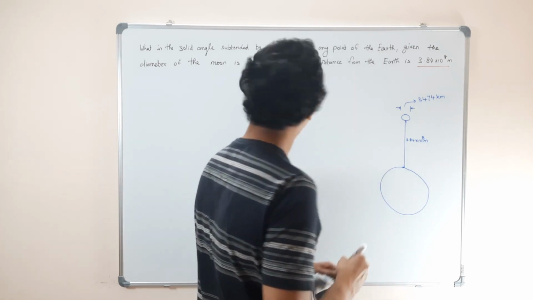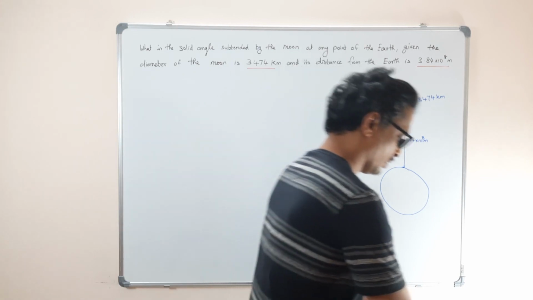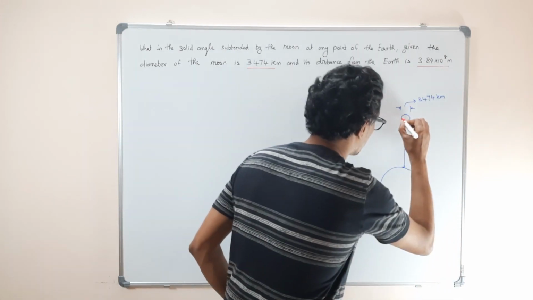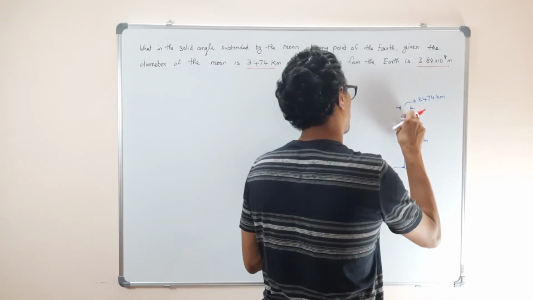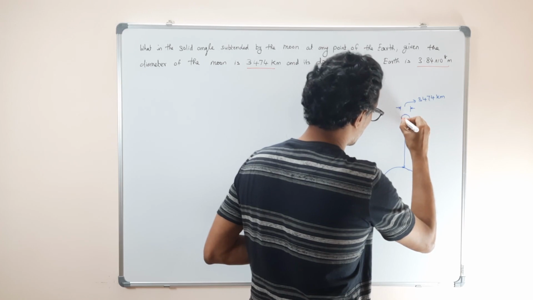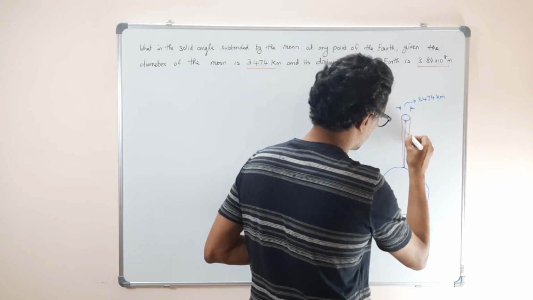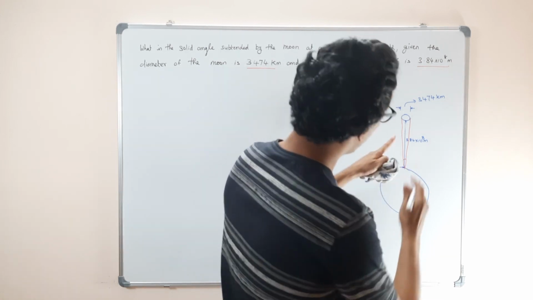And what is asked is, what is the solid angle subtended by the moon from the earth? So this is the solid angle subtended by the moon.